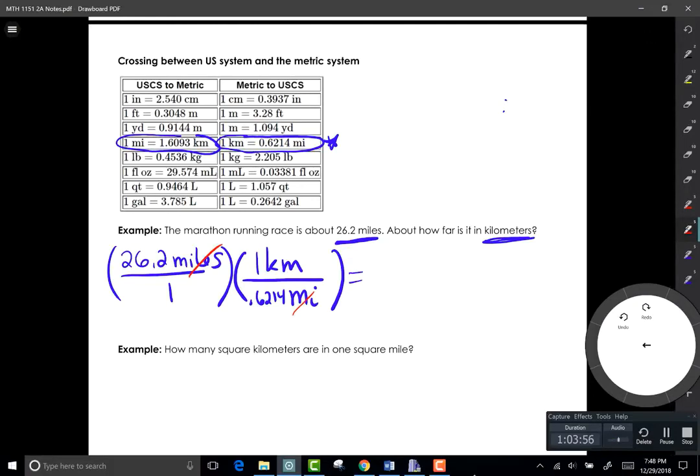So in my calculator, I'm going to put 26.2 over 1 in parentheses times 1 over 0.6214. And when we do that, we get 42.16 kilometers.